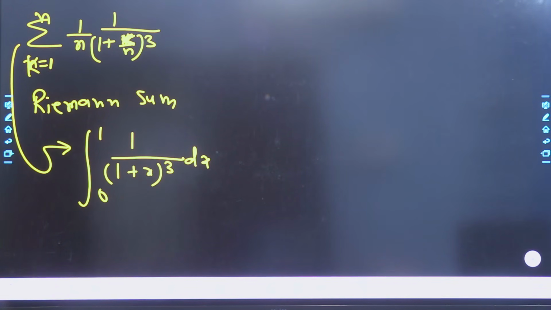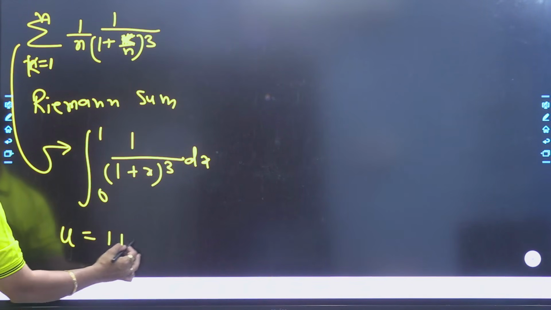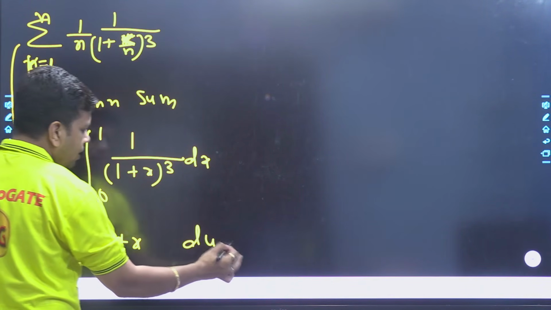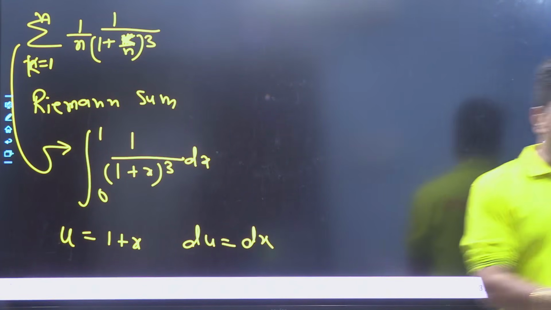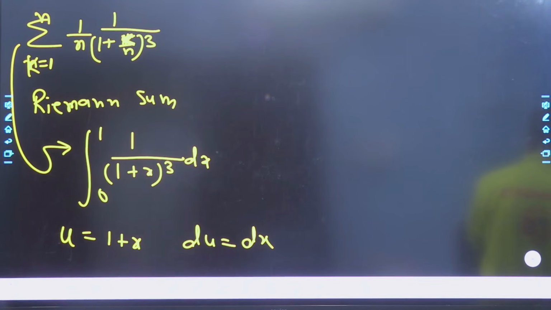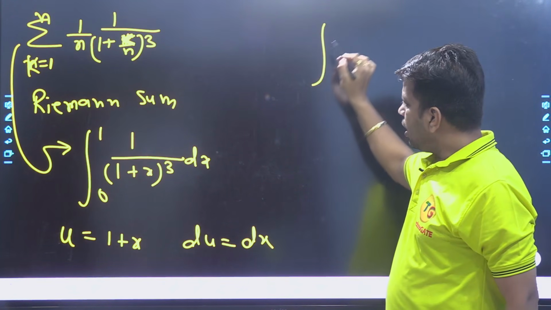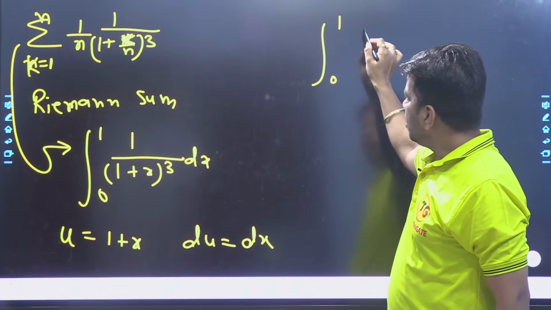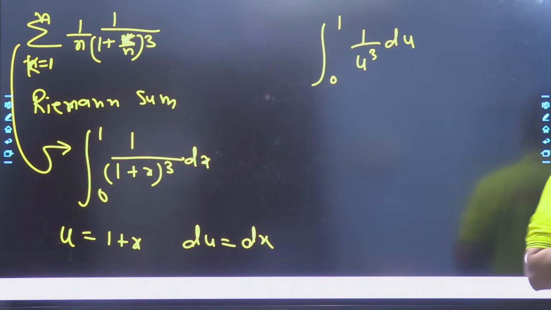Now just put u equals 1 plus x, so du equals dx. Putting this value here, it is simply the integral of 1 upon u cube du.